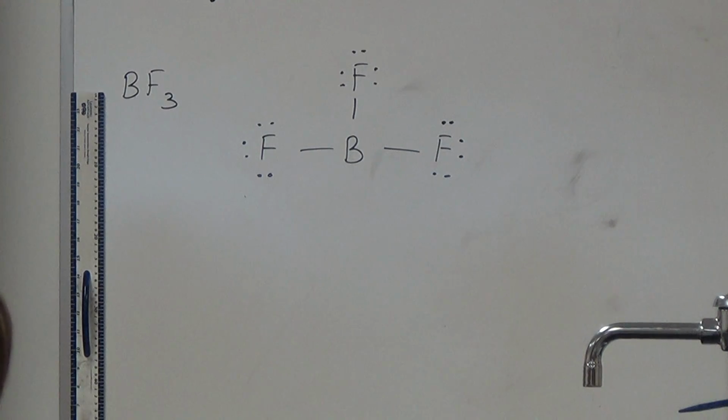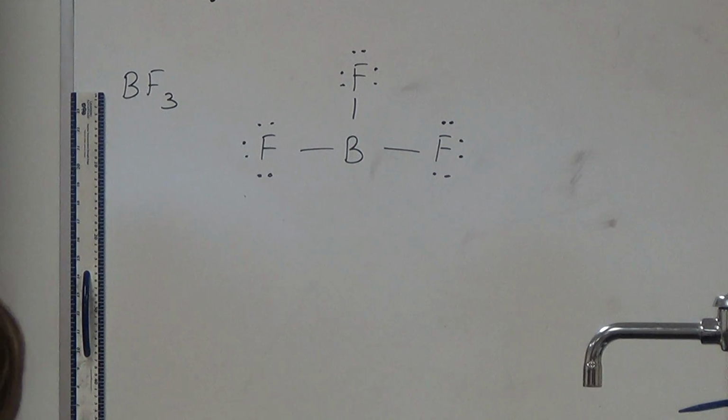How many electrons do I have left? None. Does everything have an octet? No, boron doesn't. Is that okay though? Yes, because it only has 3 valence electrons. So that's it, end of story right there.